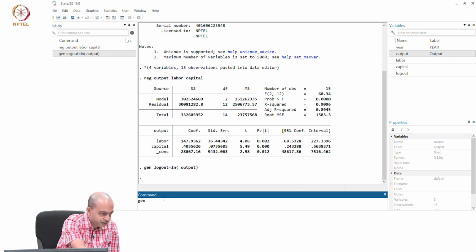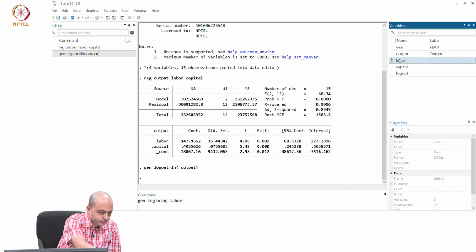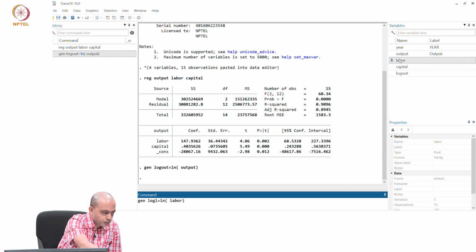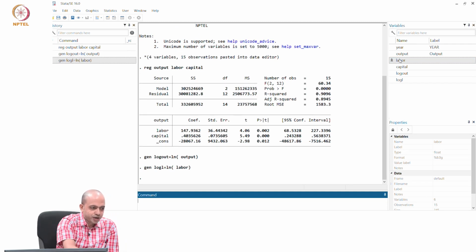Similarly, gen, let us say log labor or log L equals to ln within the bracket you put labor. So, I have created another variable which is log L, that means logarithmic transformation of labor.